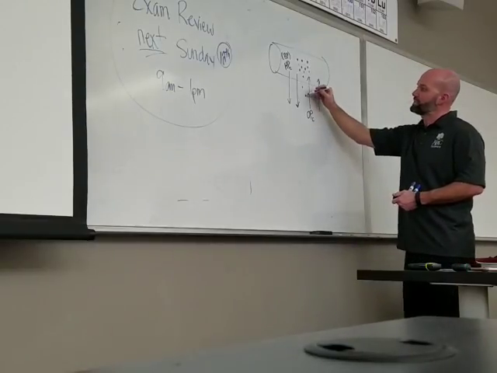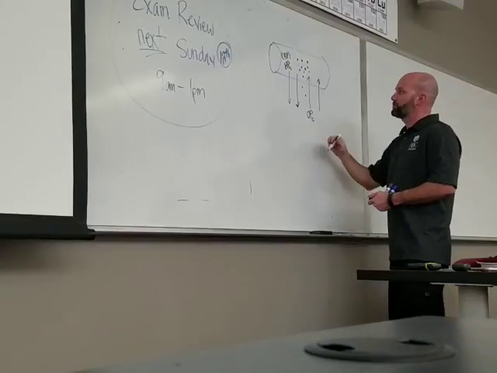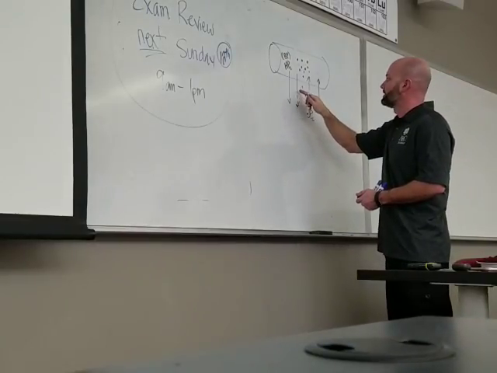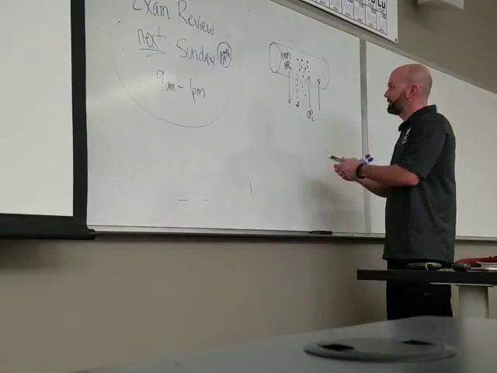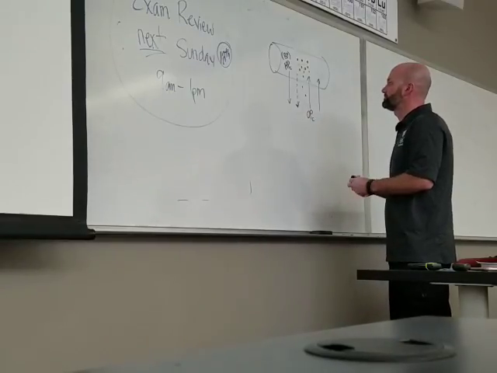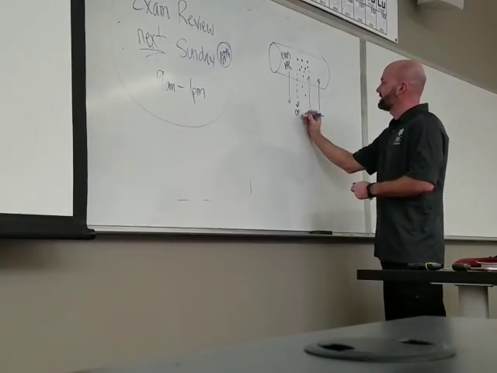The few proteins that are out here in the interstitial fluid do create a very weak oncotic pressure that pulls water back out, right? But it's very minimal. This would be oncotic pressure of the interstitial fluid.